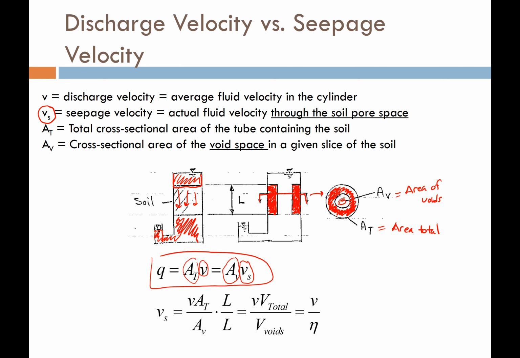Then we do some simple algebra, solve for the seepage velocity, and what we end up getting is this relationship: seepage velocity equals discharge velocity divided by the porosity of the soil. You can recall porosity from, I believe, our second or third lecture of the semester, when we talked about phase relationships.